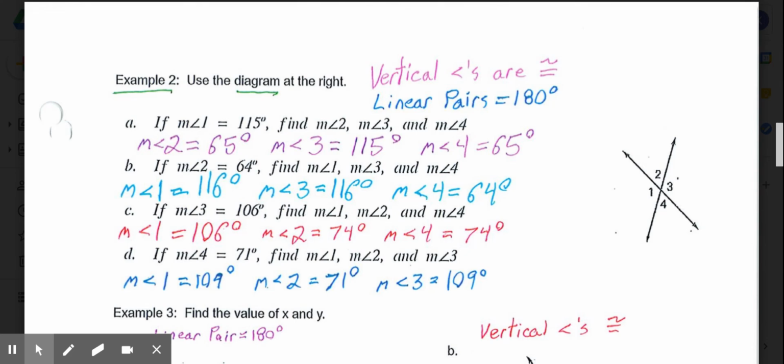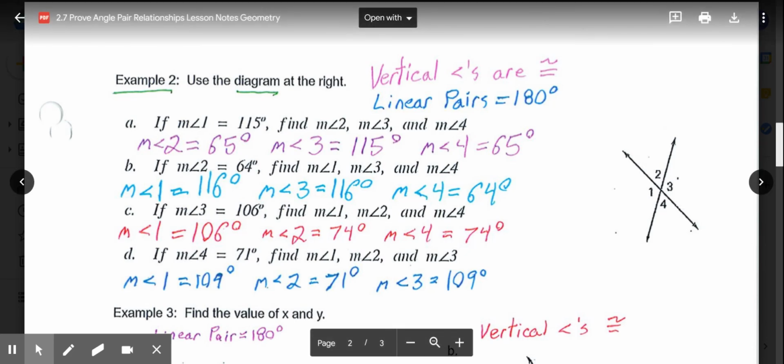So we know in this image, 1 will always be congruent to 3, and 2 will always be congruent to 4. In part B, they tell us angle 2 is 64. To figure out angle 1, because they're a linear pair, 180 minus angle 2 leaves us with 116 degrees. So angles 1 and 3 are 116, and angles 2 and 4 are 64 degrees.